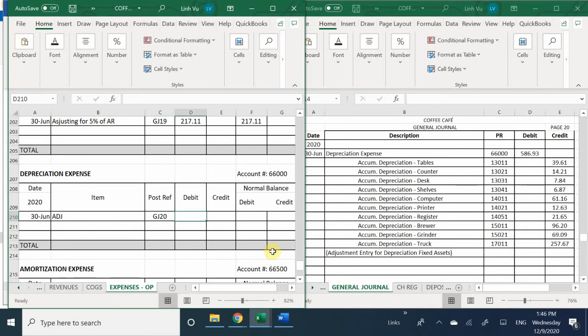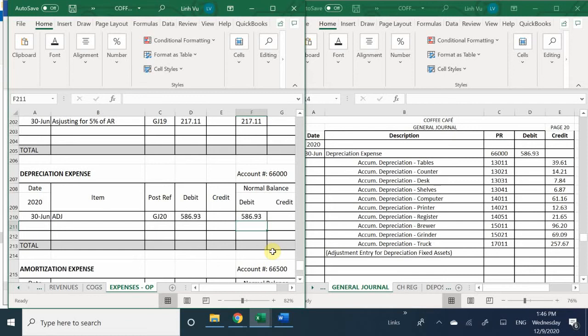Okay, you put adjustment. So I adjusted my depreciation expense.